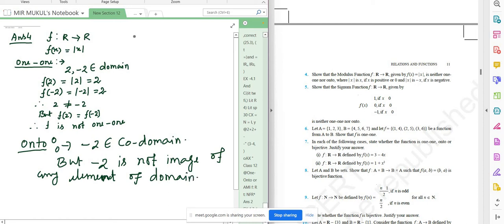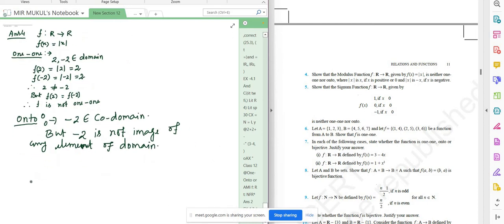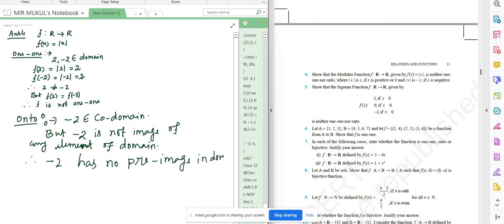It means minus 2 has no pre-image in the domain.